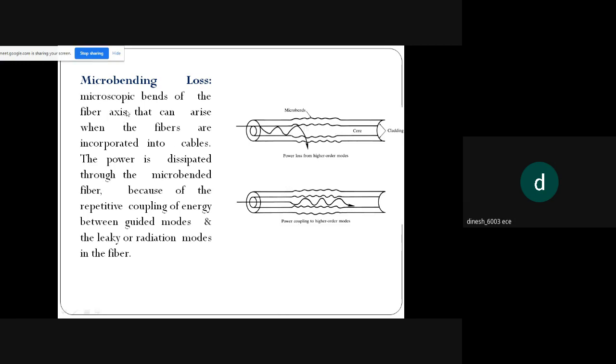Microscopic bends of the fiber axis can arise when the fibers are incorporated into cables. The power is dissipated through the micro bend fiber due to repetitive coupling of energy between guided modes, leaky modes, or the radiation modes in the fibers.